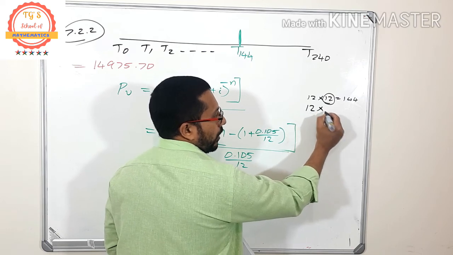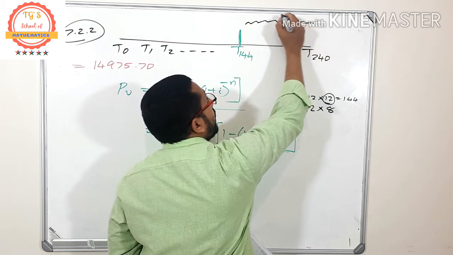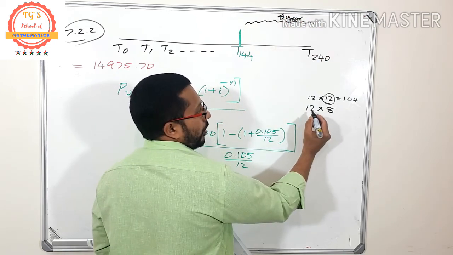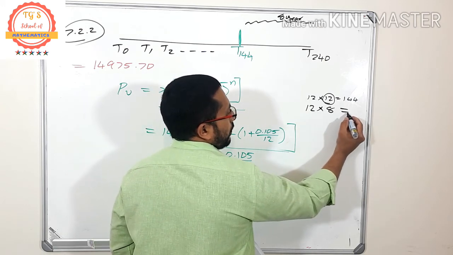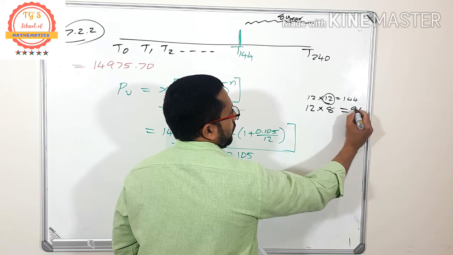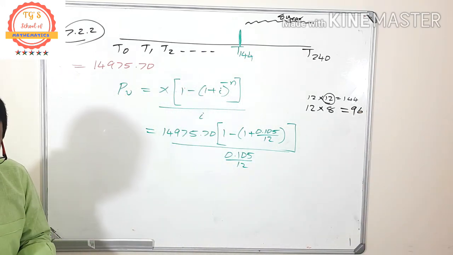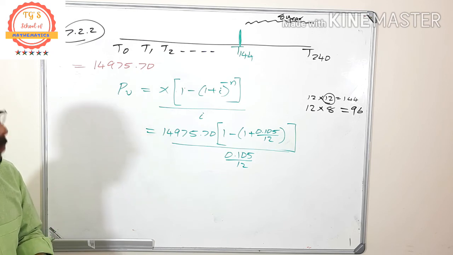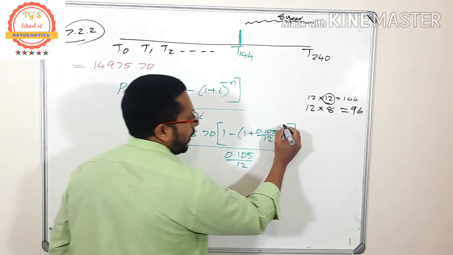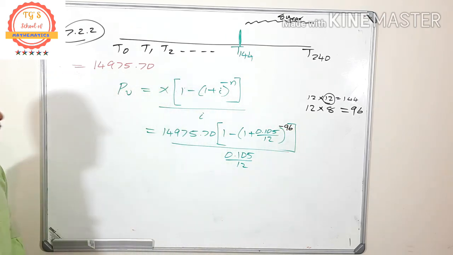So total how many payments? 12 times 8, that means 96. That means remaining there are 96 payments. Now we can write minus 96. Now what is the answer?